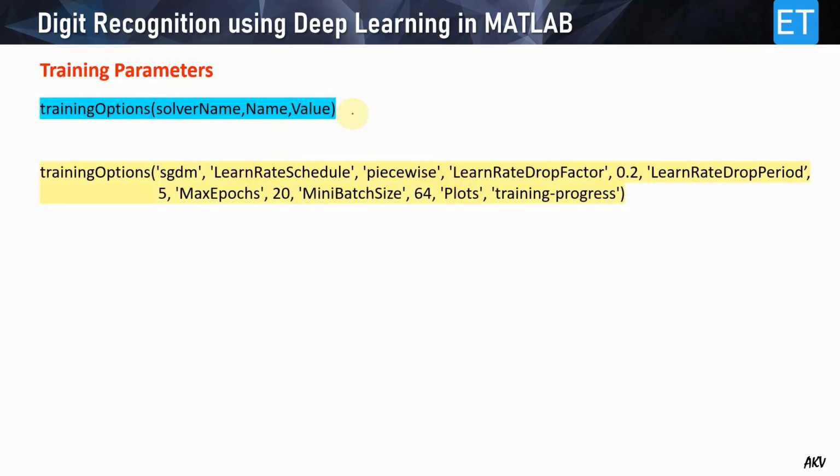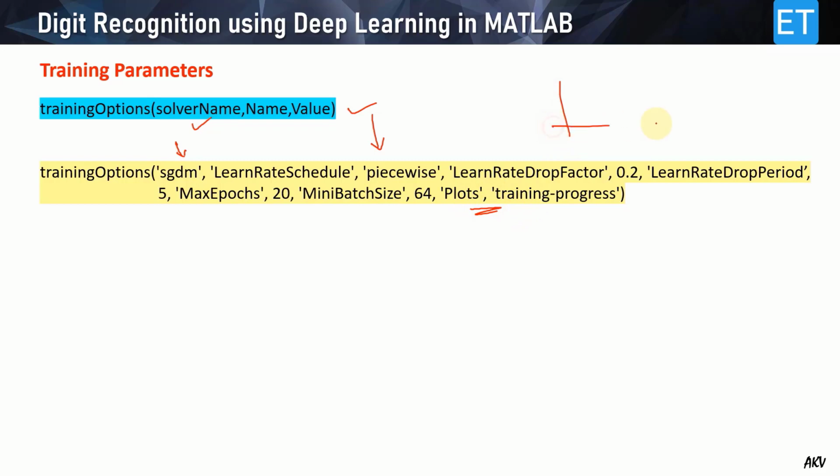So in MATLAB, we give the syntax, and this is the expansion of this option. In the training options, we define the solver name, such as SGDM here, and various other parameters such as the learning rate schedule, which is piecewise, learning rate drop factor 0.2, learning rate drop period, maximum epochs for training, batch size, and then if you want to plot the progress, then plot is also given.